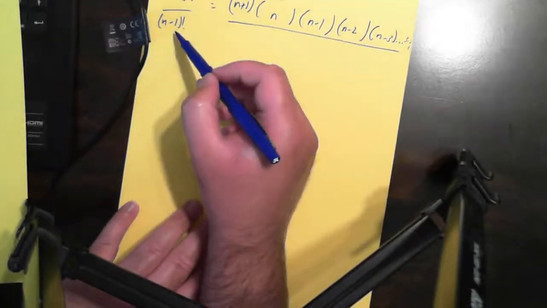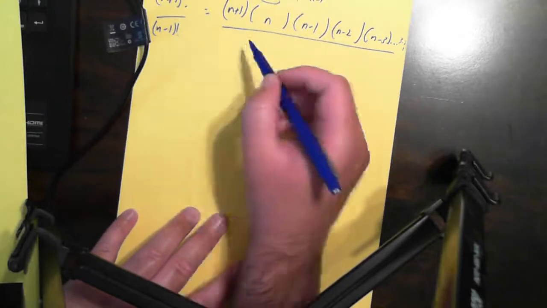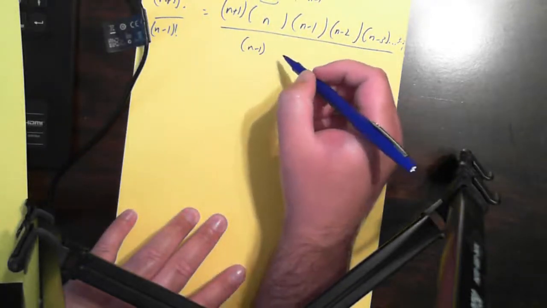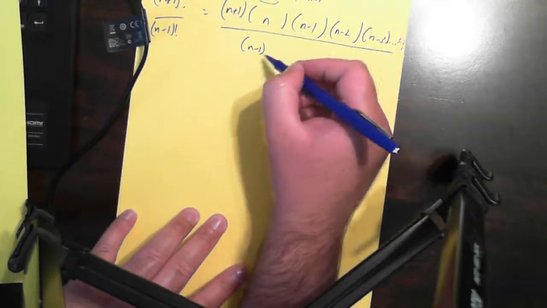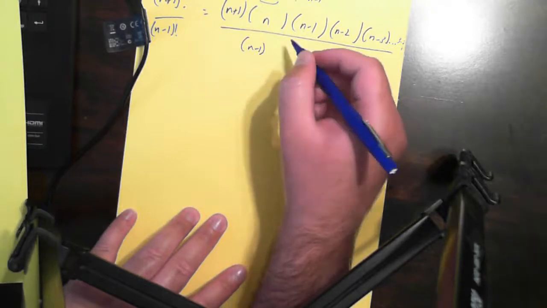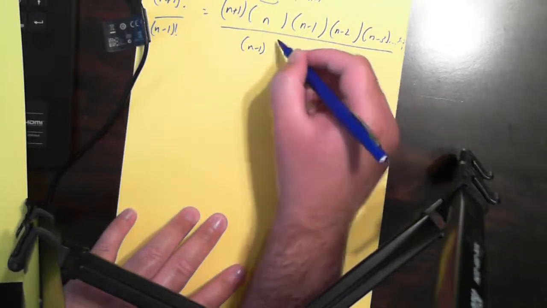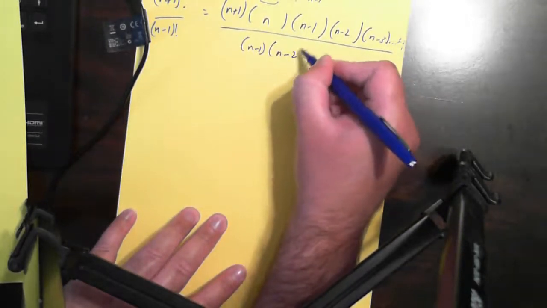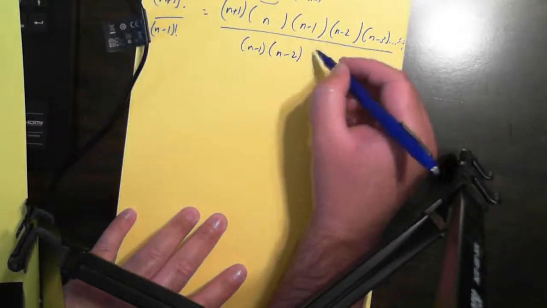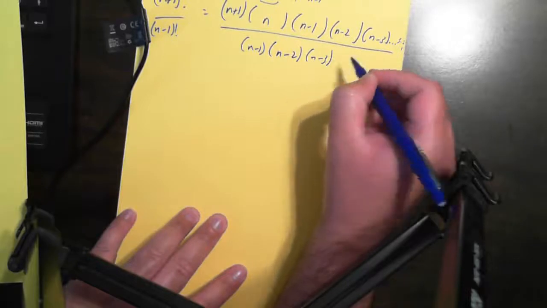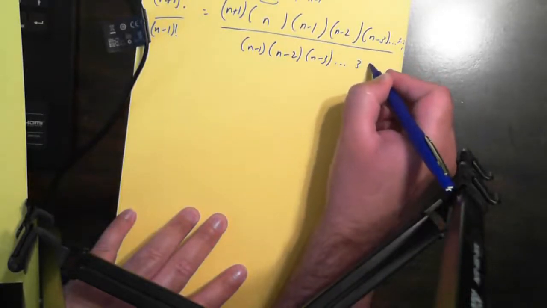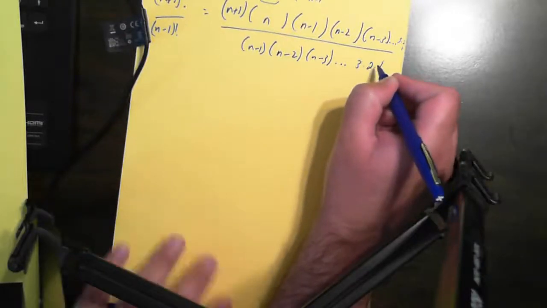Over, now I break down n minus 1 factorial. My first term is, of course, going to be n minus 1. My second term is then going to be 1 less than that previous term, which would be n minus 2. The term after that again is 1 less, which would be n minus 3. And then the pattern continues until we reach 3 times 2 times 1.